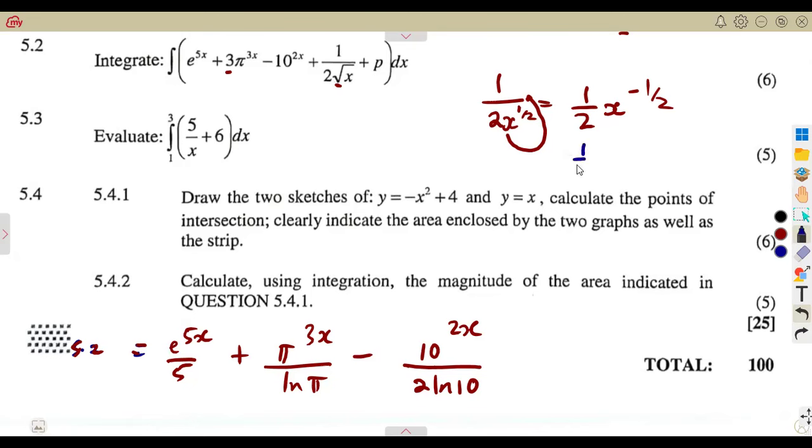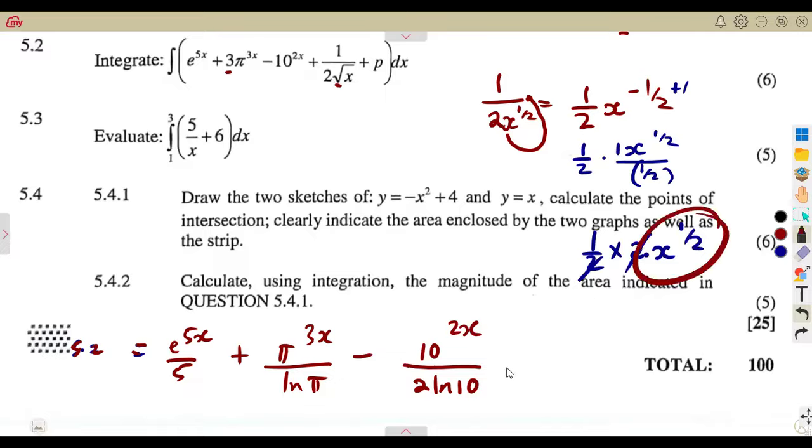So this is going to be 1 over 2 times x to the exponent, if you add a 1, 1 over 2 over 1 over 2. So that is 1 over 2 times 1 divided by 1 over 2, that's 2, times x to the exponent of a half, which is going to cancel, and you remain with x to the exponent of a half.